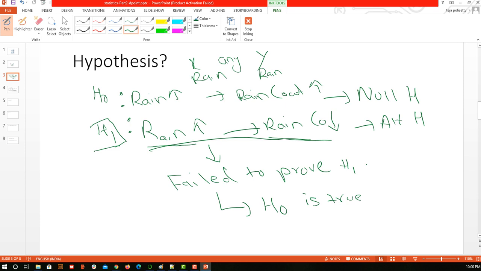Your intention was to say that H naught is correct, but you are not able to do that. So you will consider a statement which is opposite to H naught in H1, and you will fail to prove H1. So failing to prove H1, which is opposite to H naught, means that H naught is true. That is, your null hypothesis is true. So here you are saying that raincoat demand is increasing when rain is increased. So here you proved this statement by failing to prove H1. I hope this concept is clear.